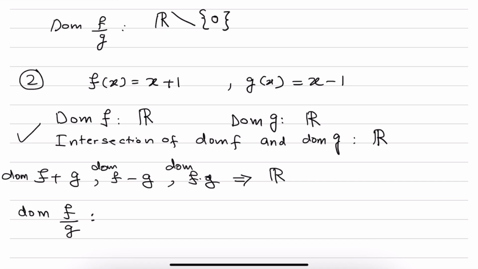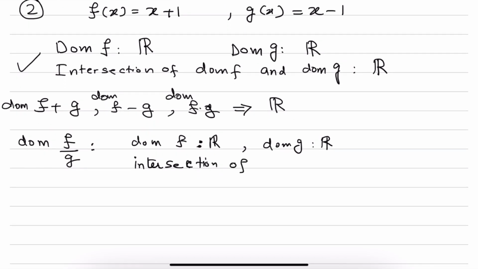So we know that domain of f is R, we know that domain of g is R, and we also know that intersection of domain of f and domain of g is R.